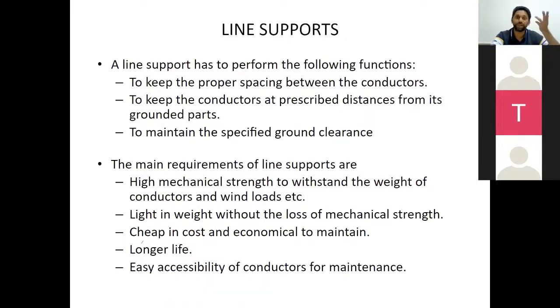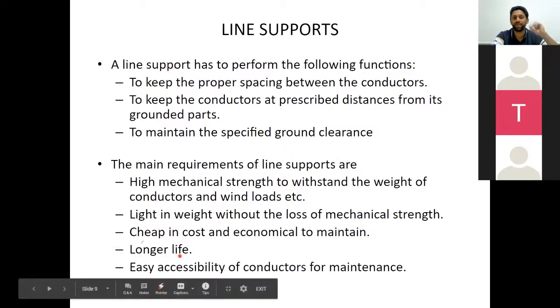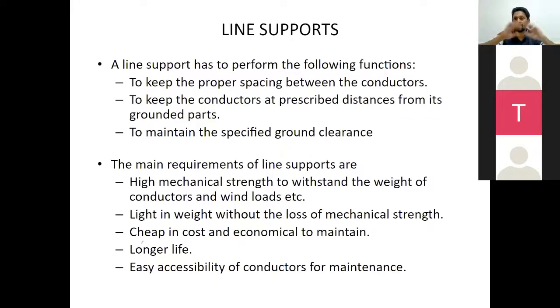You are investing a lot of money to make a transmission line, so it must withstand for a longer life. And easy accessibility of conductors for maintenance. If something happens to the transmission line, you have to climb over the tower, so there must be some facility for climbing over the tower. These are the 5 main requirements of a line support.